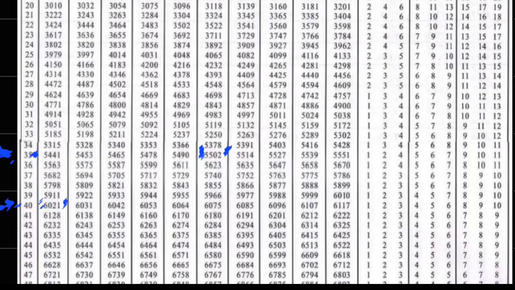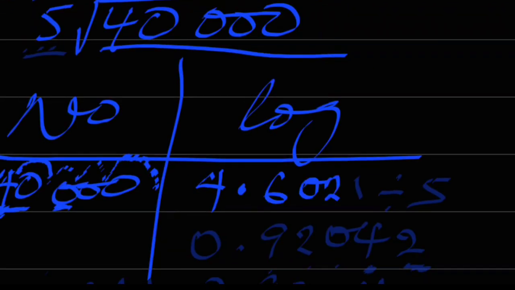Here it is, 6021. We'll come and write it.